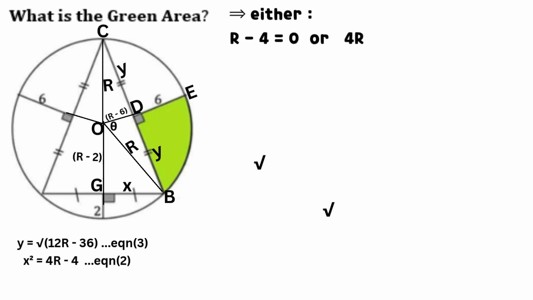This implies that either r - 4 equals 0, or 4r - 37 equals 0. It follows that r equals 4, or r equals 37 divided by 4.